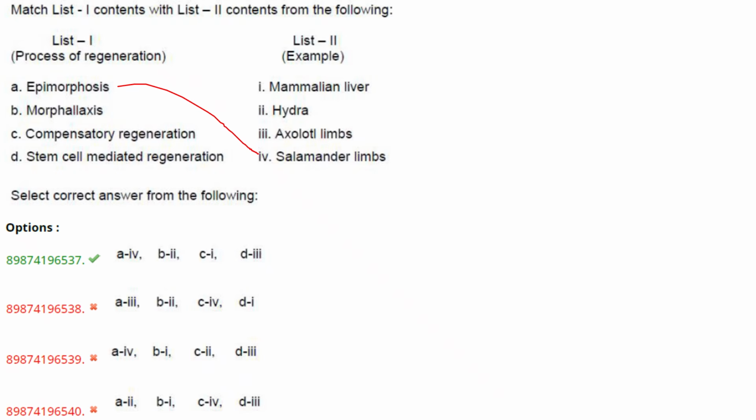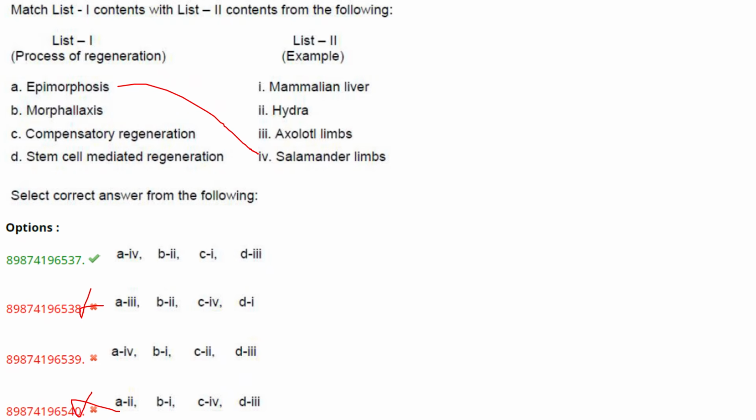So that means you can eliminate option 2 and option 4. Option 3 and 1 you have to see. So you should know the correct answer for B. Then morphallaxis, that is you can see in case of hydra, when you chop this hydra into multiple fragments, each piece will undergo rearrangement of the cells and result in the formation of a miniature hydra.